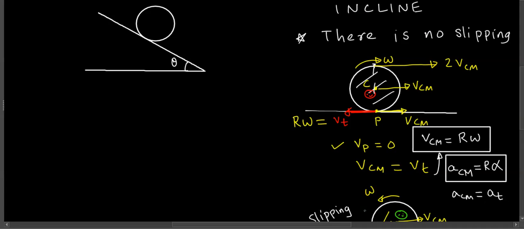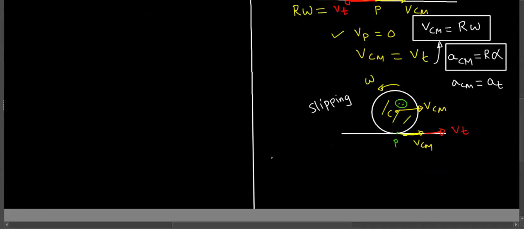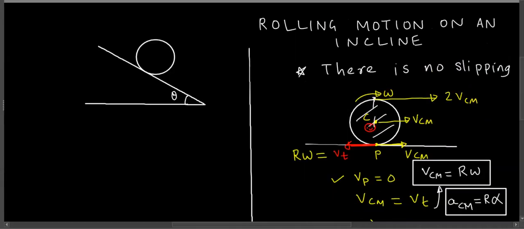So for us, this second expression, the acceleration of center of mass is equal to R alpha, where alpha is the angular acceleration, is what is needed to understand this rolling of objects on an incline. Okay, so if that is clear, then things are in fact very easy. So let's look at this.